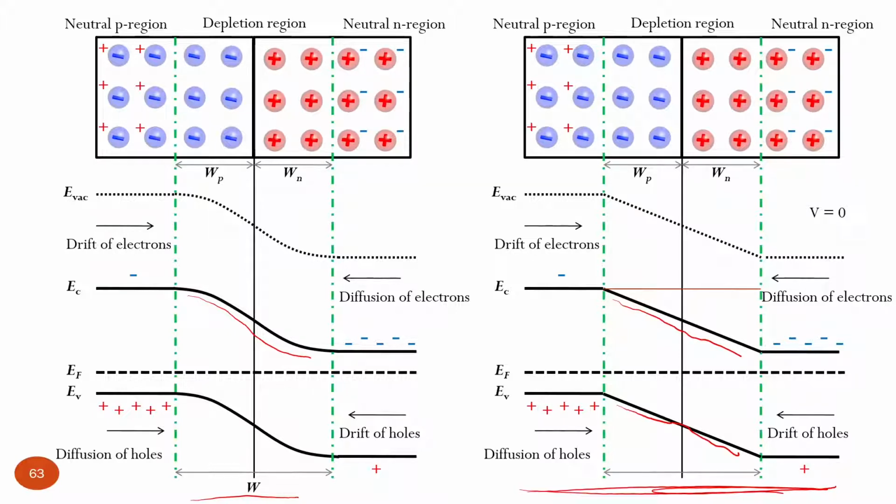But the band bending looks like the image on the right side of the slide because we have a uniform electric field inside.